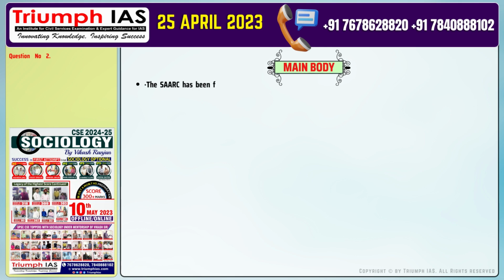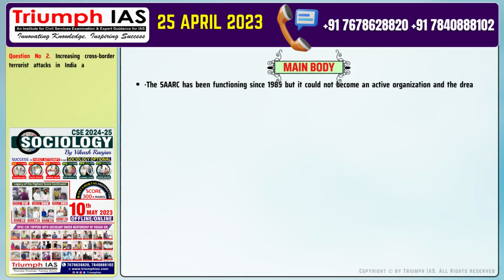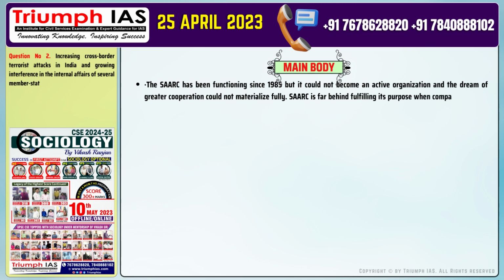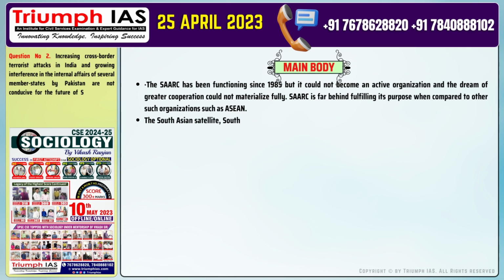The main body of the answer should be: Number 1. The SAARC has been functioning since 1985, but it could not become an active organization, and the dream of greater cooperation could not materialize fully. SAARC is far behind fulfilling its purpose when compared to other such organizations such as ASEAN. Number 2.